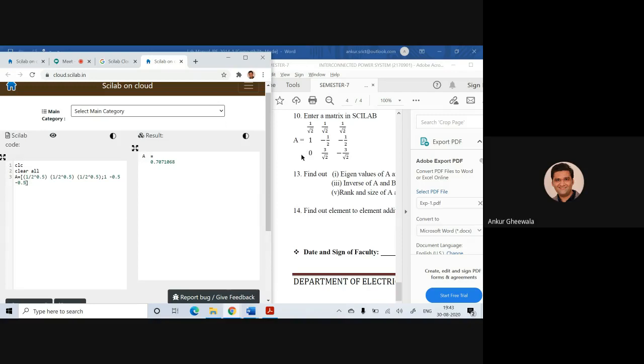Now once again I want to enter another line here, so once again I will enter a semicolon, once again 0, space, now 3 by root 2, so 3 divided by 2 raised to root 2, so 0.5. Now I will take this value in a bracket, and at the end minus 3 by 2.